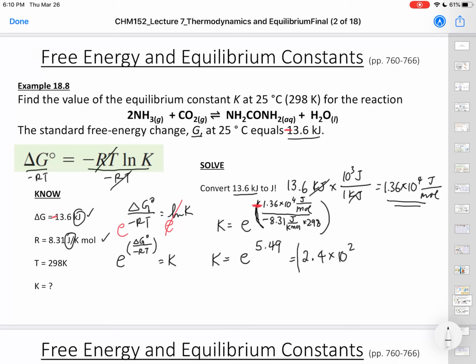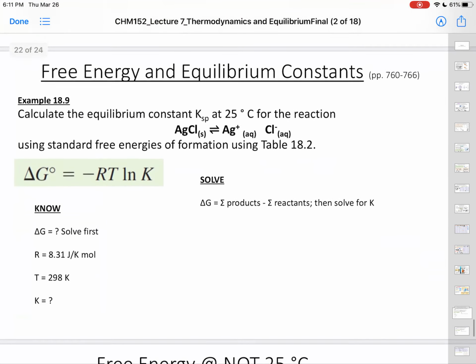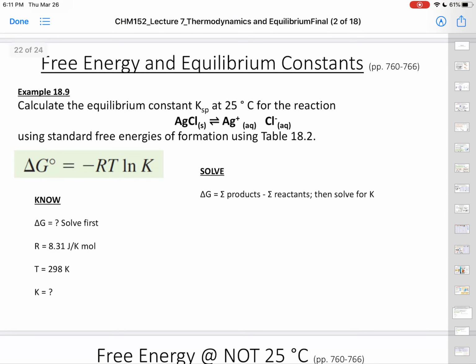So then e to the 5.49, and you get 2.4 times 10 squared. Remember, K has no units, so you don't need to include any units.